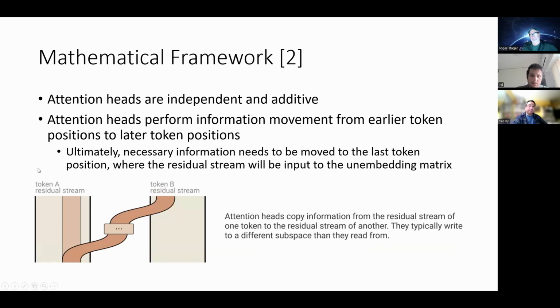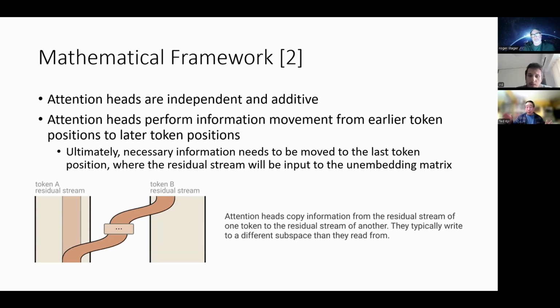Here's the idea: you should think of it as copying information from an earlier token position to the current token position. And this can happen multiple times. Token position 5 can copy something from token position 2, and later token 10 can copy from token 5.